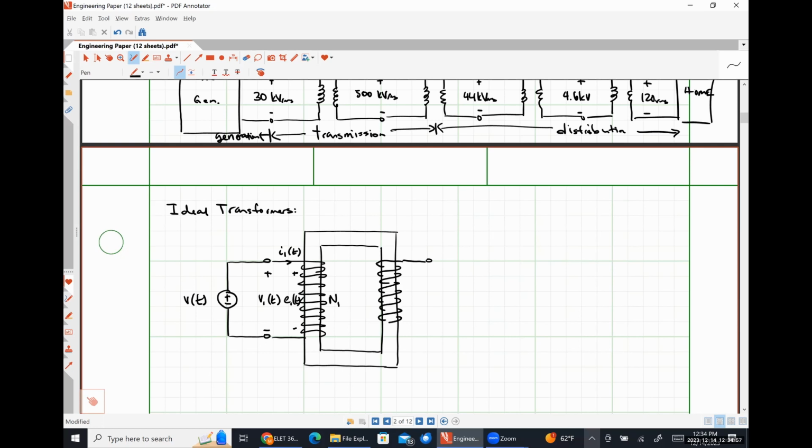Wrapped around this way. So this is going to be my terminal voltage, V2.